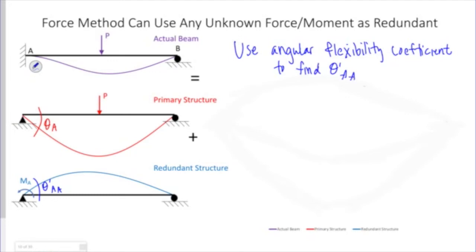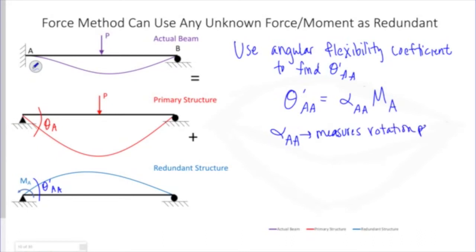I'm going to multiply that moment at A times this coefficient, alpha AA. This measures rotation per unit moment.